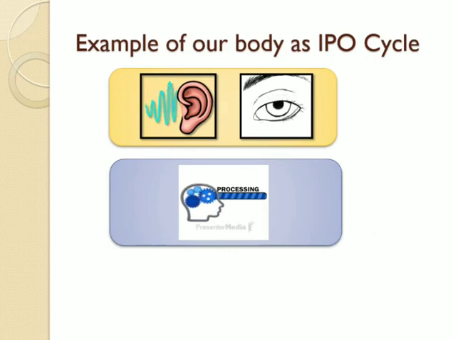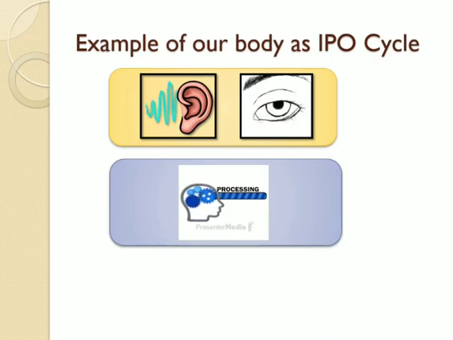Here in this example, our eye and our ear are the input unit, because whatever question our teacher asks us, we can hear it with our ear and see with our eyes. So our eyes and ears work as input units.